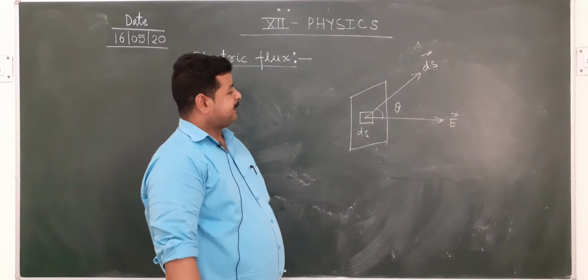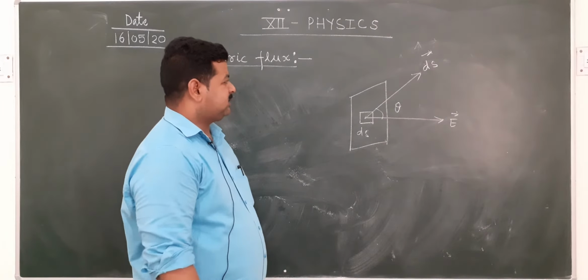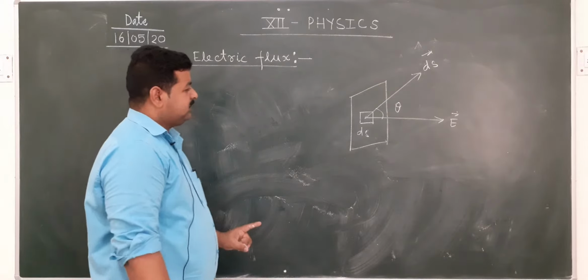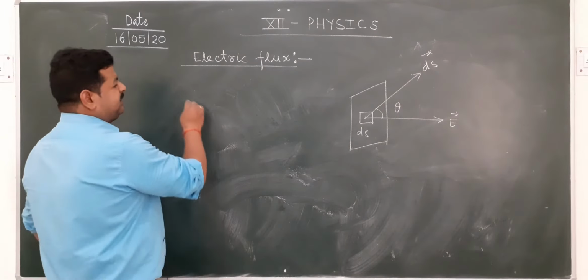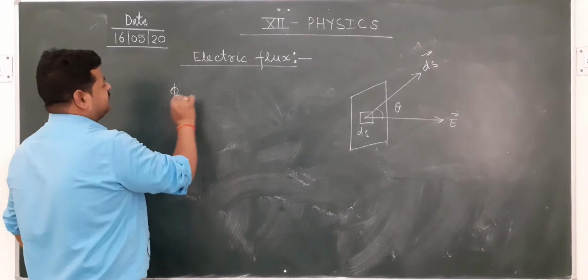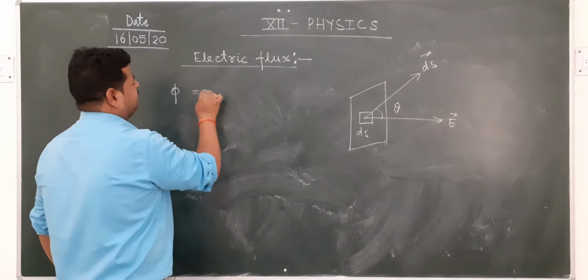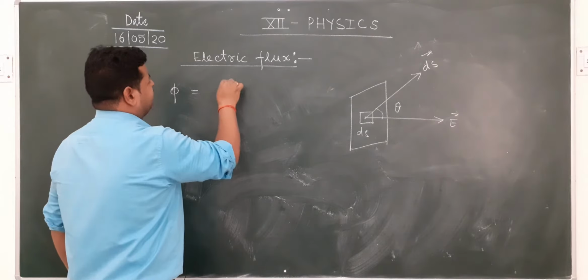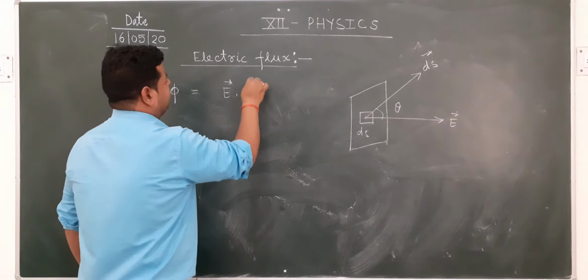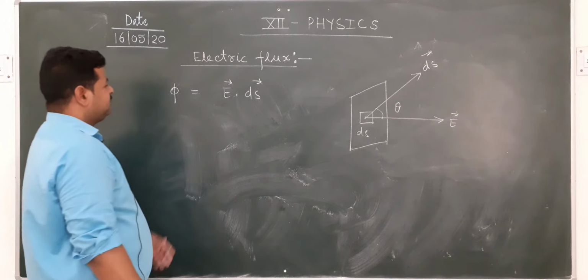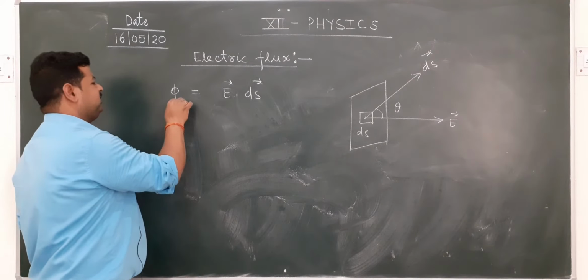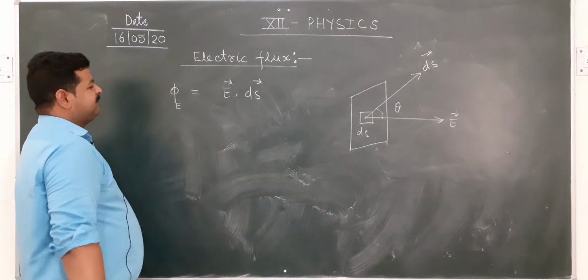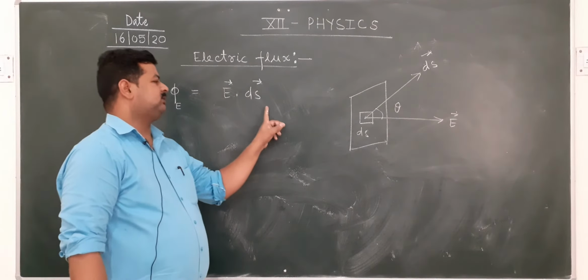So here we calculate the electric flux. According to the definition and the explanation in the previous part, the electric flux is equal to the scalar product of the area vector and electric field. Electric flux is represented by phi E, so phi E is equal to vector E dot ds.